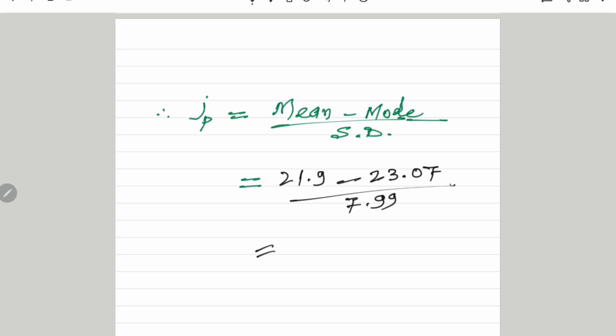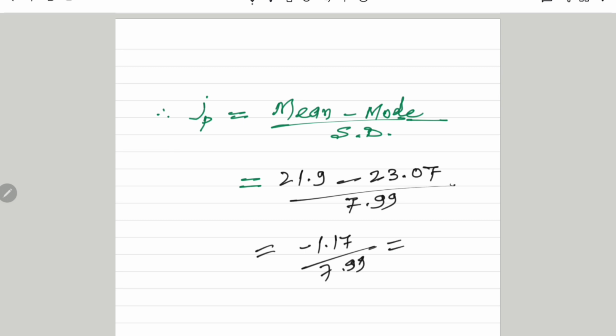I will perform this: 21.9 minus 23.07, it is equal to minus 1.17, and divided by 7.99.